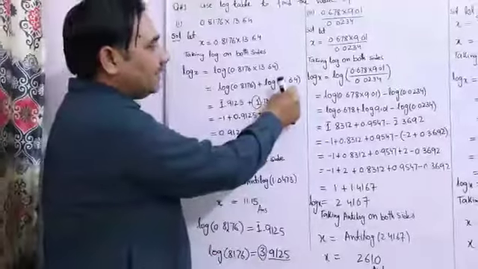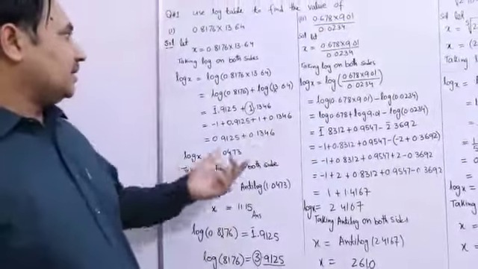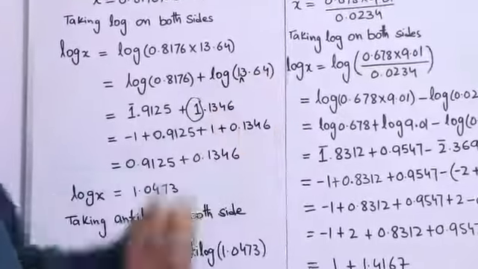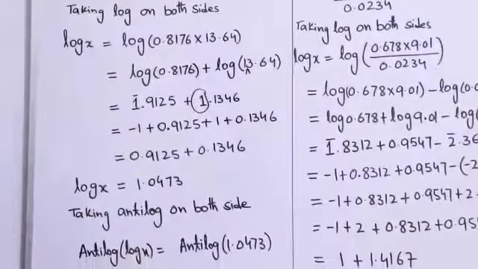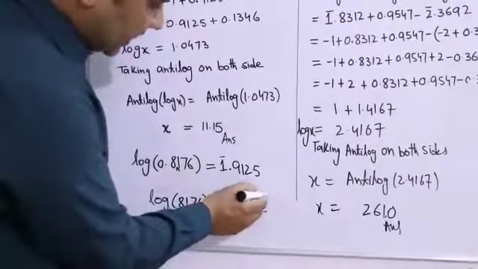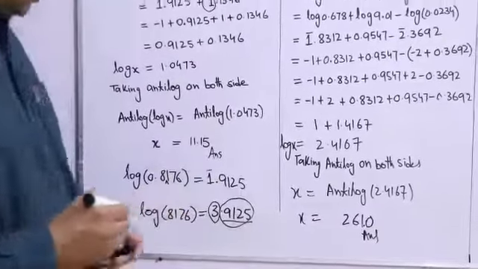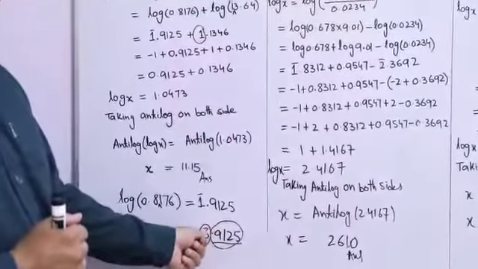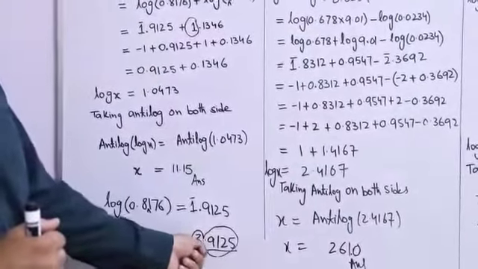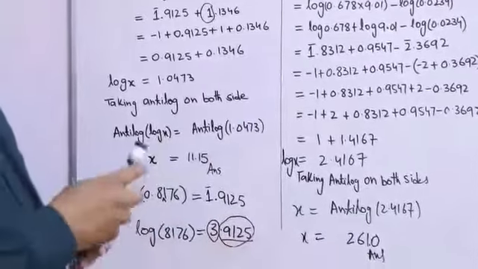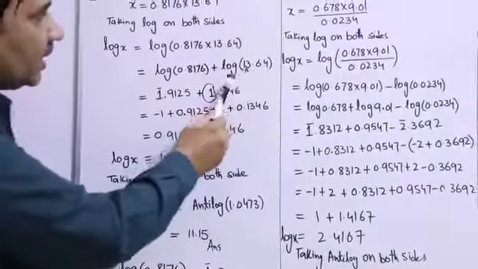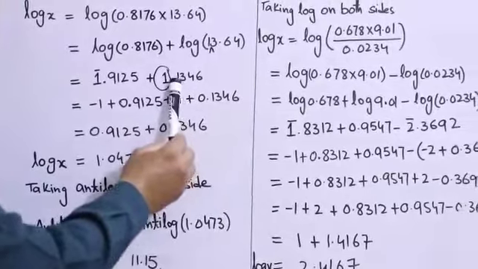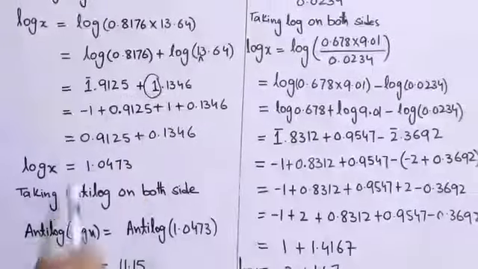Now how can we find the mantissa of this? In a similar way, find the log of 1364 using the calculator and write only the decimal part, not the integral part. The mantissa of 1364 is 0.1346.